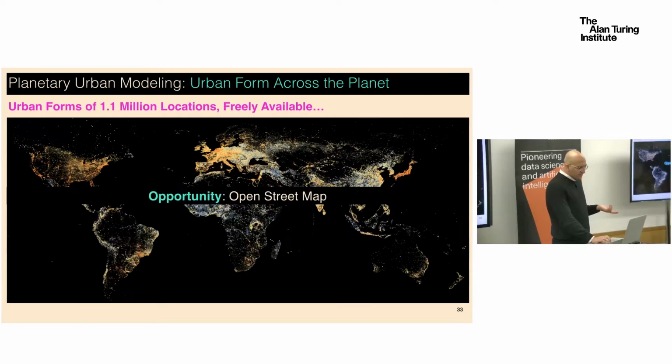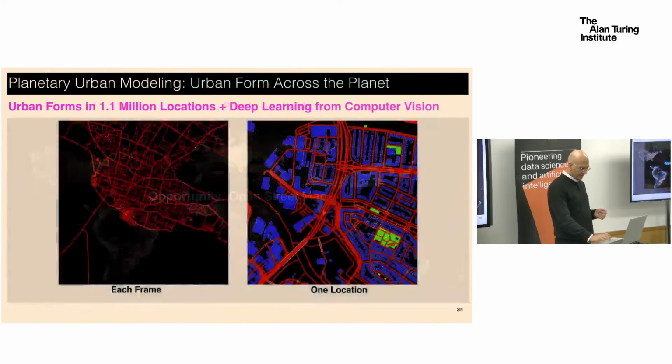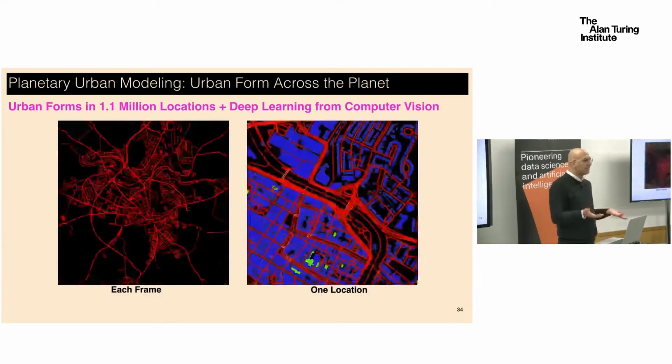So what we did, and it was very simple to do, is we took this opportunity and we took data from OpenStreetMap, data on urban forms of more than, this is at the end of 2016, at that time we had 1.1 million locations of cities, towns, and villages. And what you can do is that you literally test this.